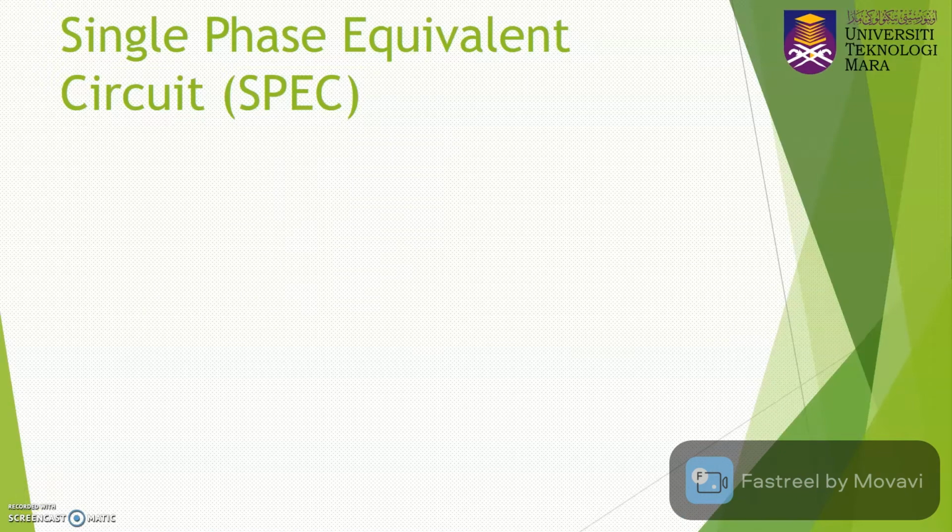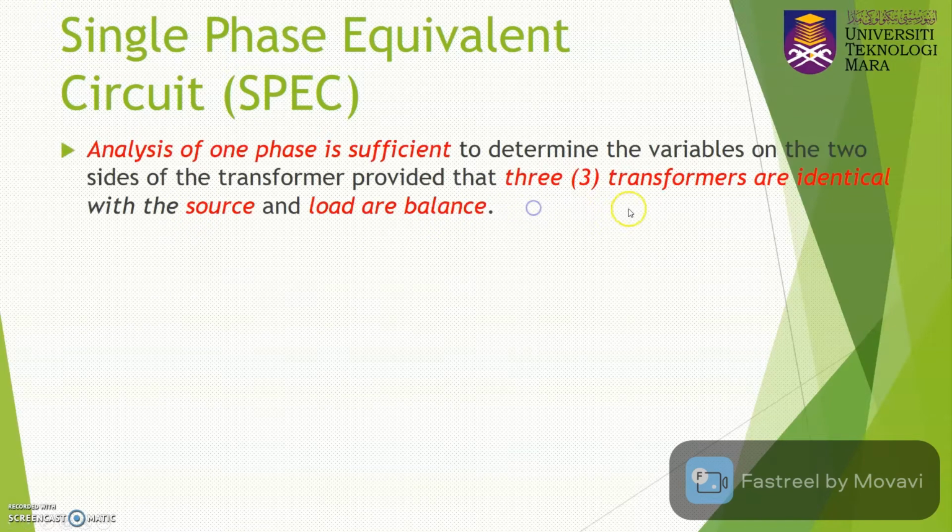Okay, now we go to the topic of the single phase equivalent circuit, or we call it SPEC. Basically the single phase equivalent circuit can be used to do analysis on the three-phase transformer, provided the three transformers are identical to each other and the source and load are balanced. So in this condition you can just do the analysis based on the single phase only.